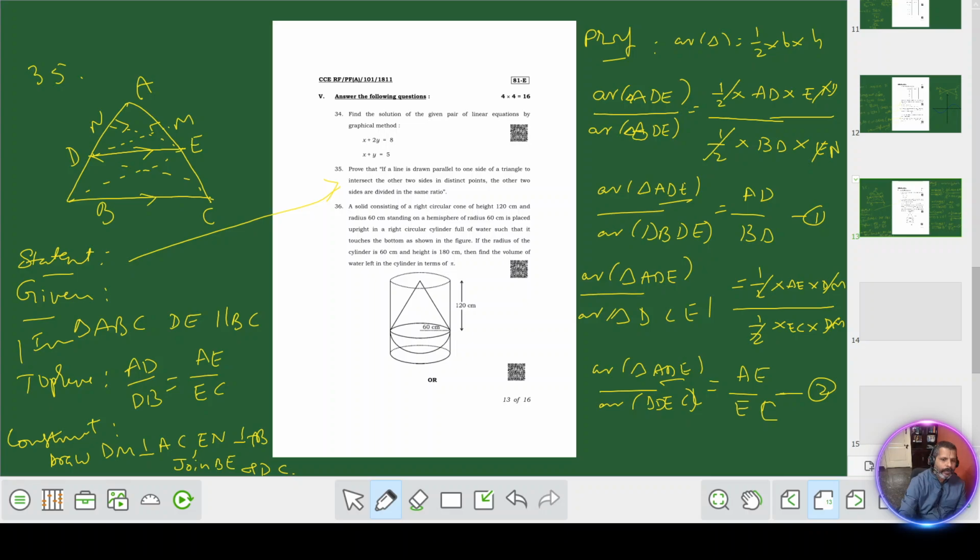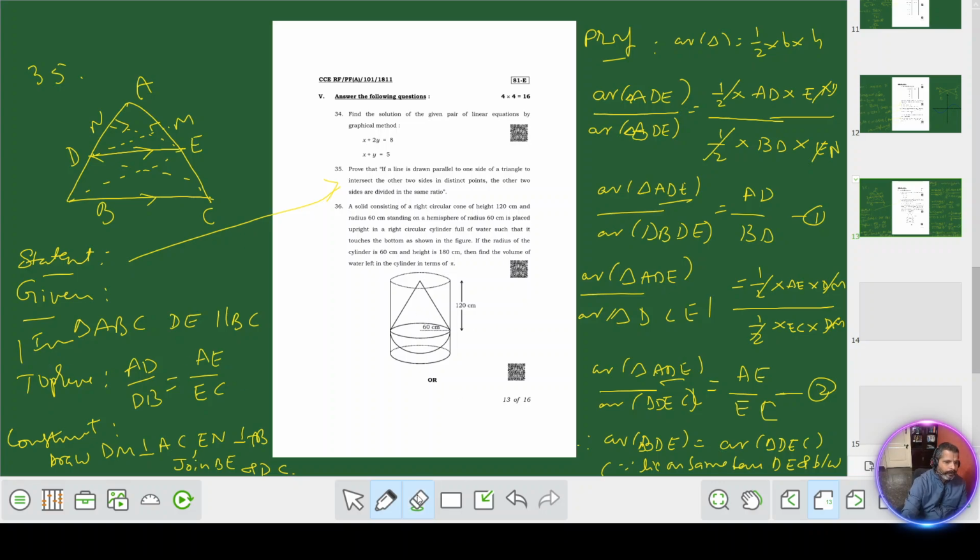How? If you observe triangle BDE and triangle DCE, they lie on the same base DE between the same parallels DE and BC. In ninth standard we learned that if triangles lie on the same base and between the same parallels, then their areas are equal. So we write area of BDE equals area of DEC, as they lie on the same base DE and between the same parallels.